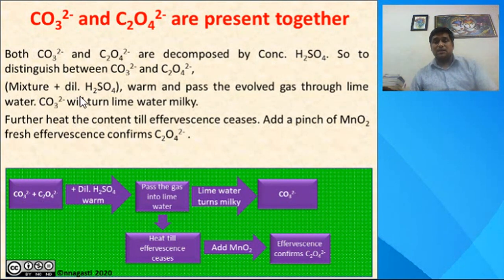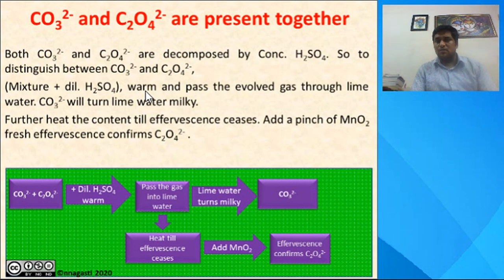So how to identify both the anions when they are present together? You take the mixture, add dilute H2SO4, warm the content and pass the evolved gas through lime water. If lime water turns milky when we are treating the mixture with dilute H2SO4, then it is due to carbonate. Keep on heating the content till there is no more effervescence.